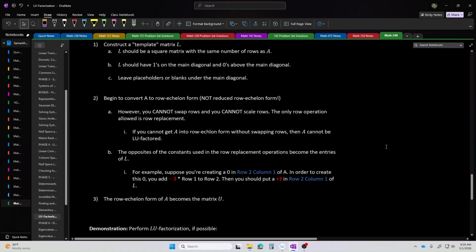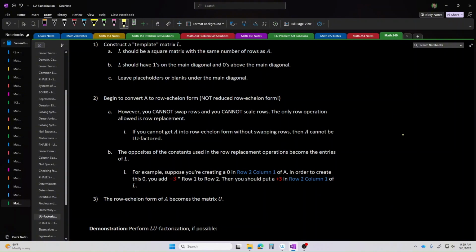You're going to do Gaussian elimination, just going through that forward elimination process. But here's the catch. As you are converting A to row echelon form, you're not allowed to swap rows, and you're not allowed to scale rows either. The only operation that you're allowed to perform is the one that we called row replacement.